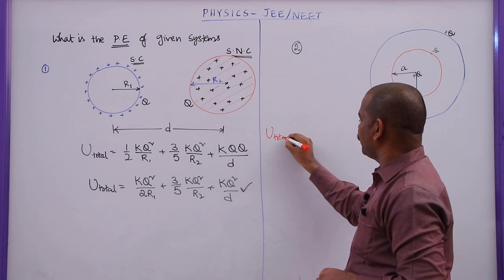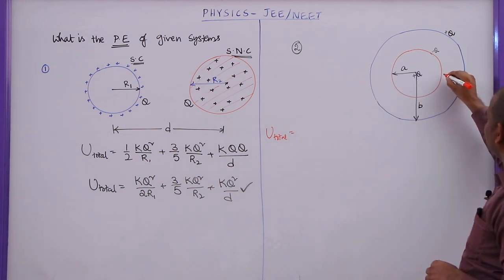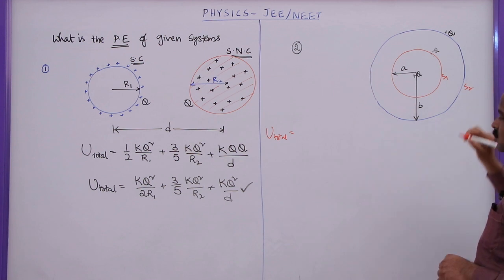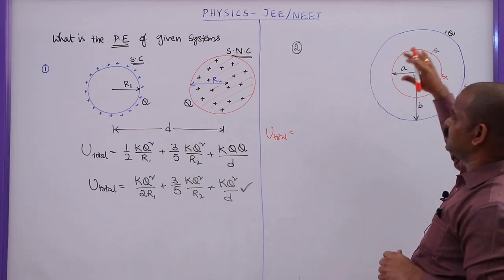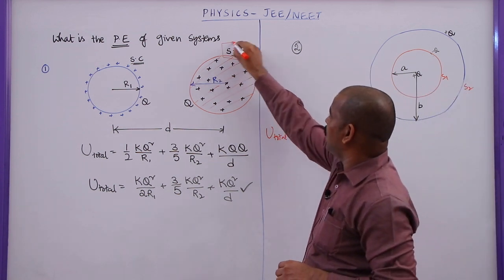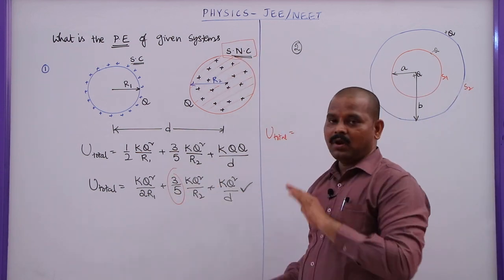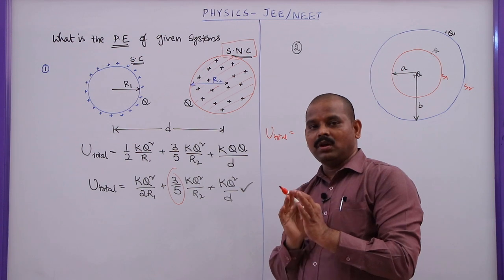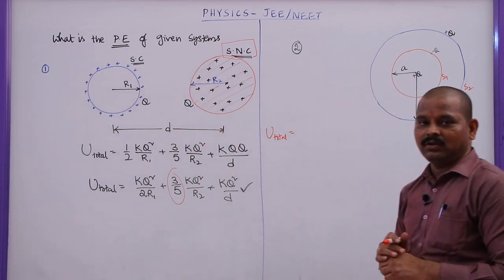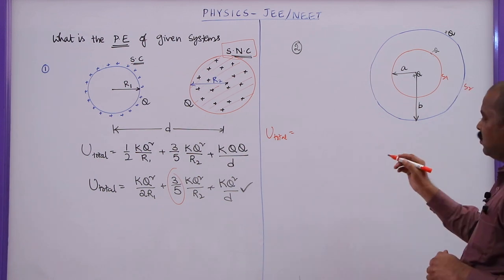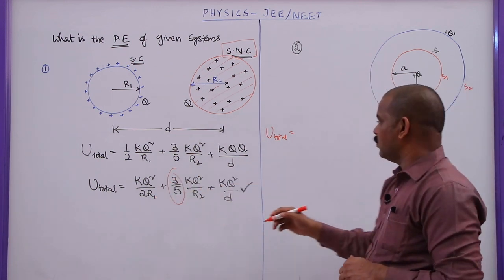U total is given by, so first let me take sphere 1, this is S1 and S2. The potential energy of sphere 1, this is a hollow sphere. Only for a solid non-conducting sphere will this be 3 by 5. For all spheres, whether solid or hollow conducting, as well as a non-conducting hollow sphere, the formula is 1 by 2 kq² by r.